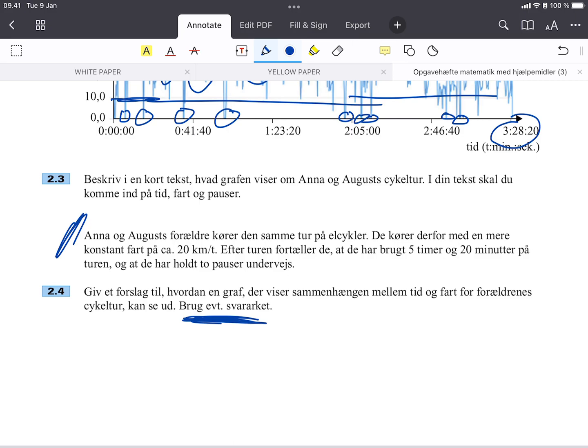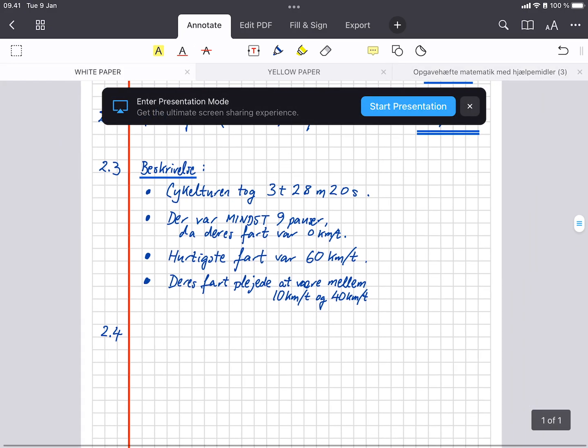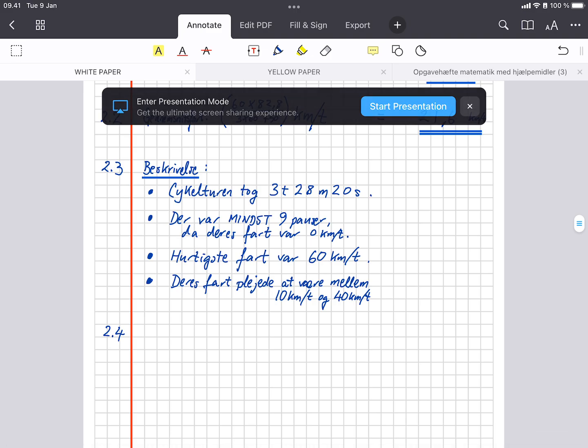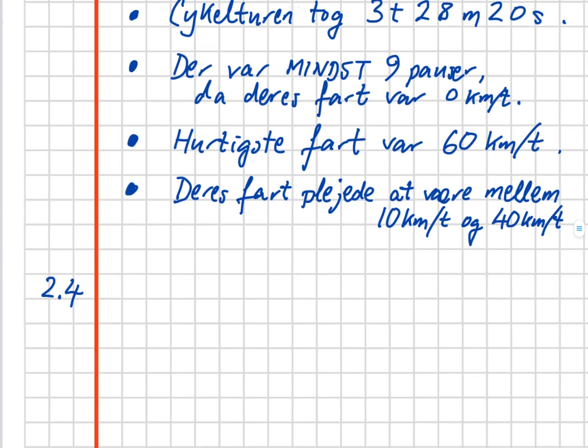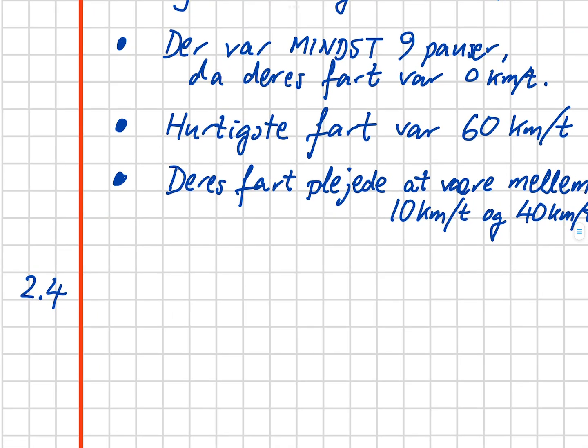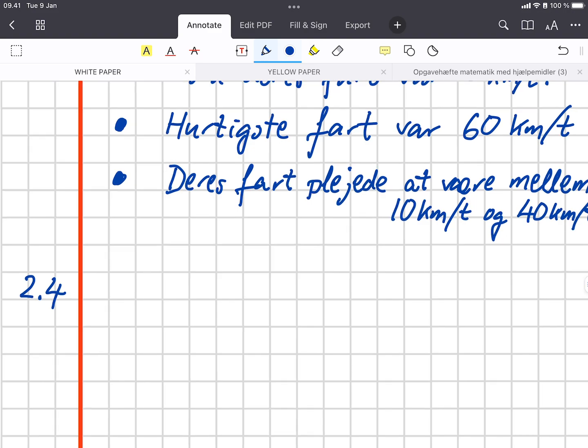Well, first of all, on my main white paper, all I'm going to do here is write, so graph has the thing describing it.